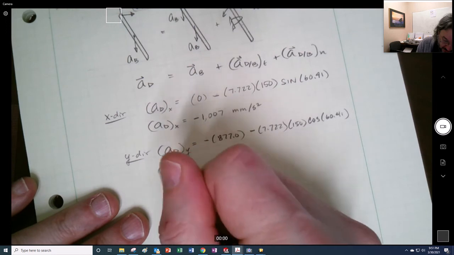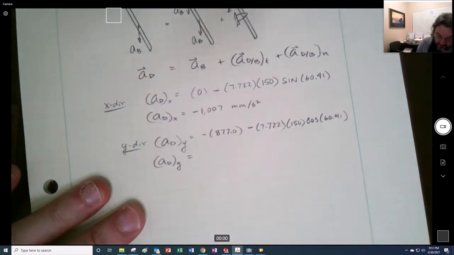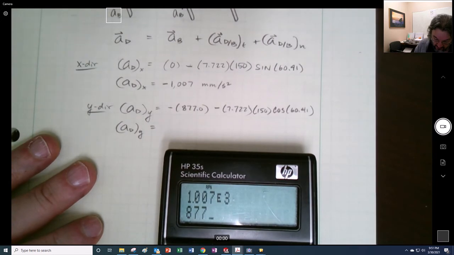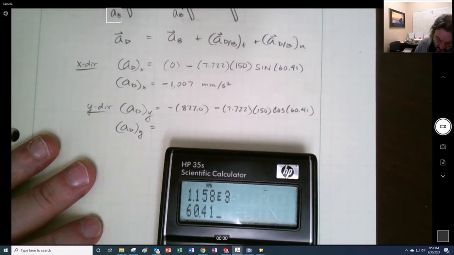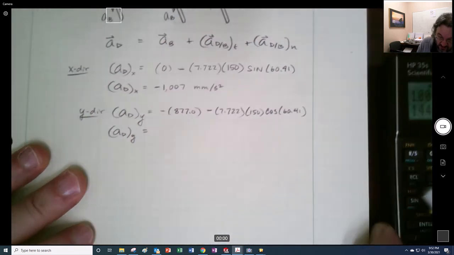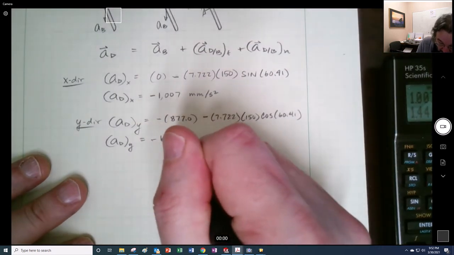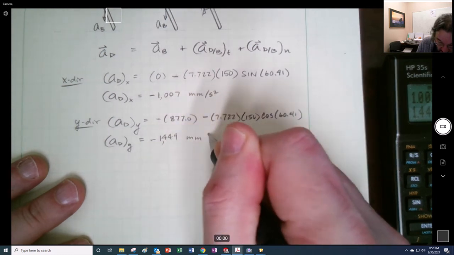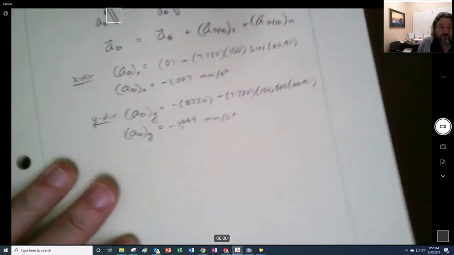So ADY, all going to be negative number 2. 877, 7.722, 150 times 60.41 cosine times, and add them together, and you get a negative 1,449 millimeters per second squared.